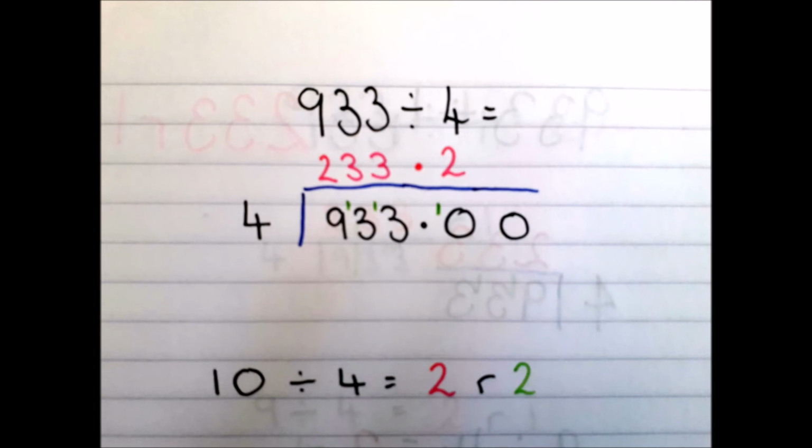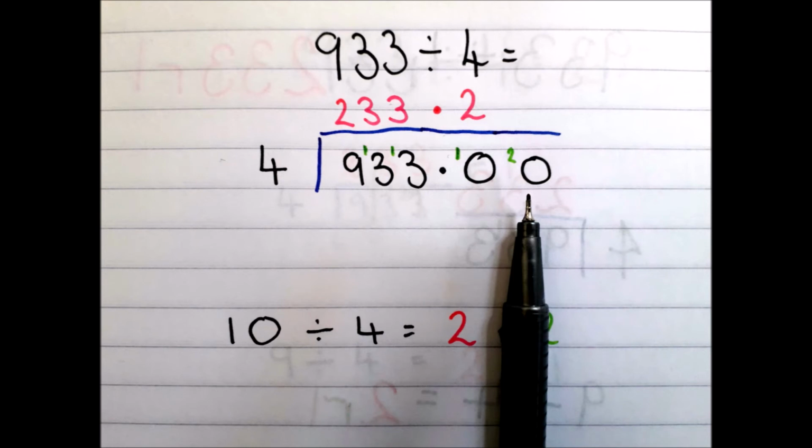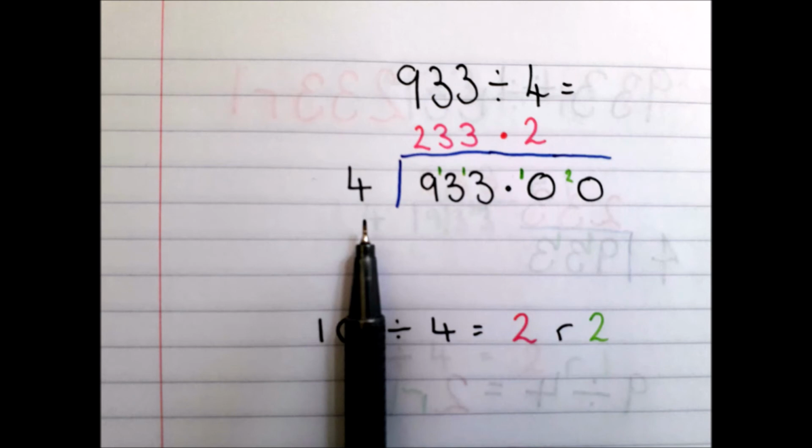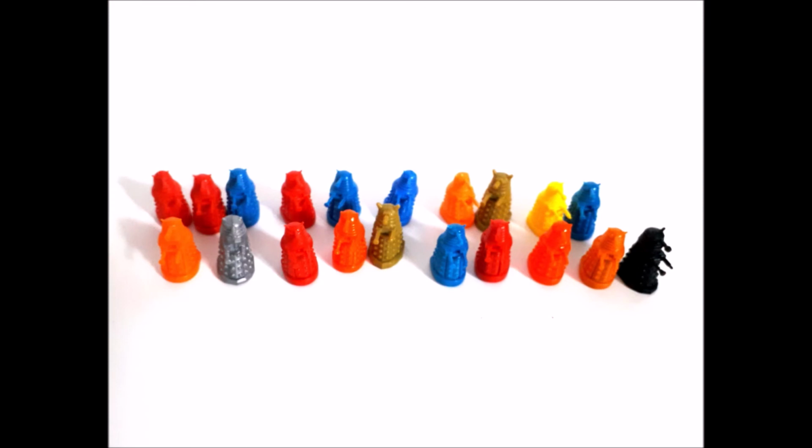We put another 0 on the end of our 933 and write the remainder 2 in here, changing this number from a 0 to a 20. We can then divide the 20 by 4. That's 20 divided by 4. Here we have 20 Daleks.